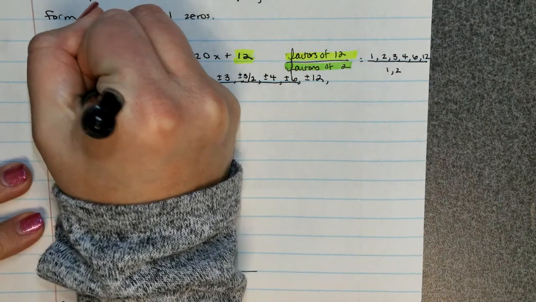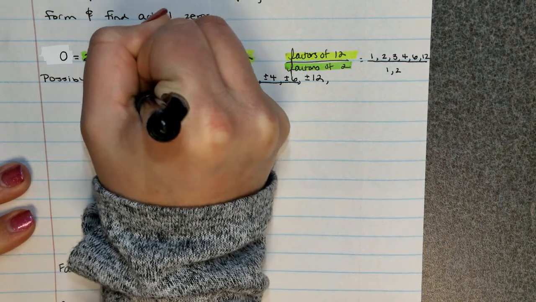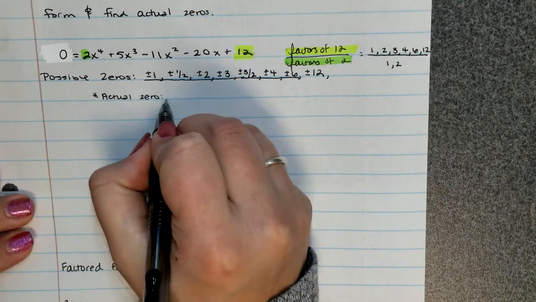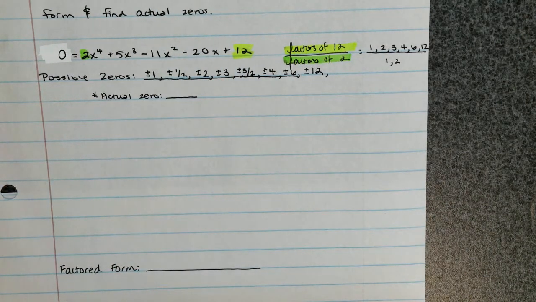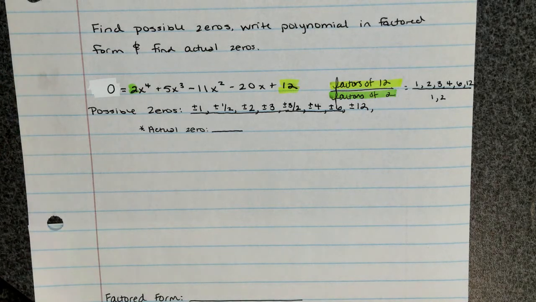Okay, the next step is to find one actual zero. So this would be a good time to pause the video and find an actual zero. I tend to try the whole numbers first and not worry about the fractions.